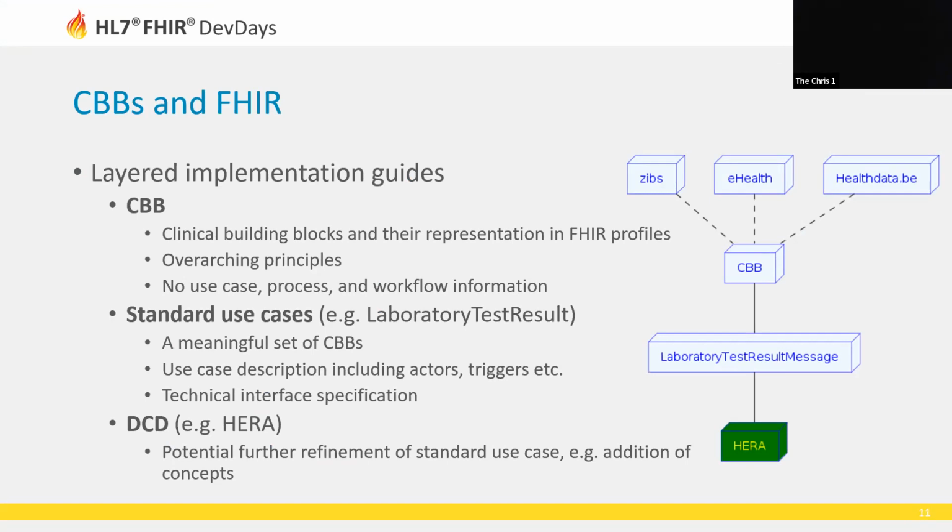They're not stored in an implementation guide resource, but they fall under the semantics of being an implementation guide, and we host them on Simplifier, but they're not created with the IG publisher as well. But still, I think I would call them an implementation guide. For example, the laboratory test result message contains the specification details on how to bundle up all the laboratory test results in a message that you could send towards Sciensano. Did I get the question?